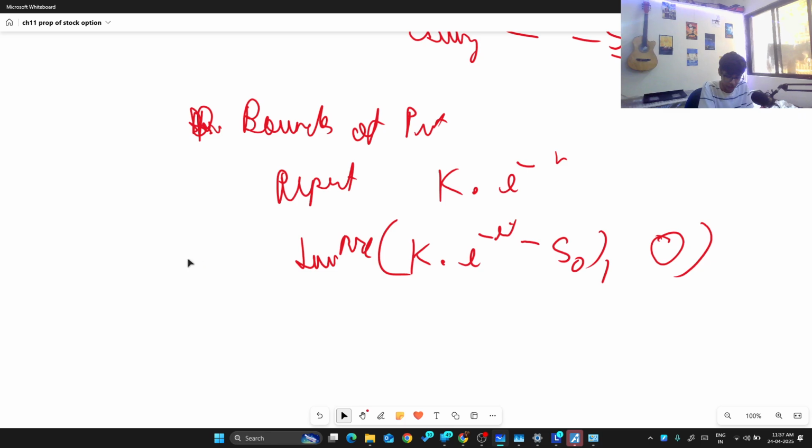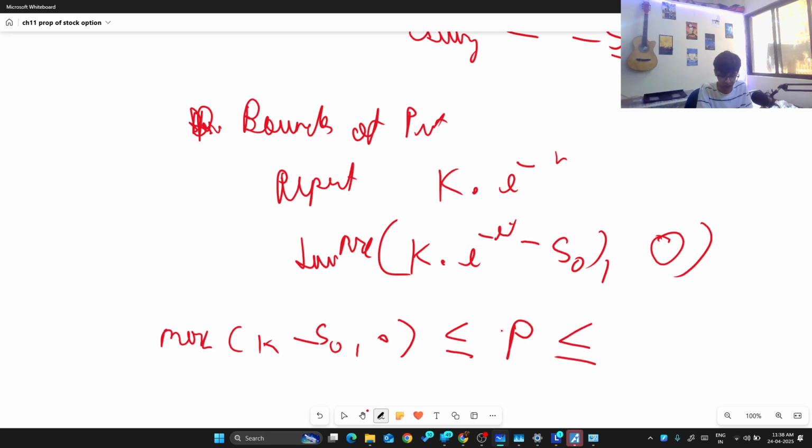So we can define the dynamics of the put like this: K minus S0, or 0. I'm leaving the discounting part out, and that's the lower bound.